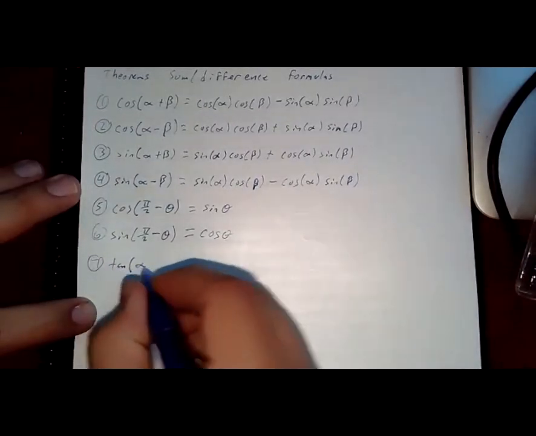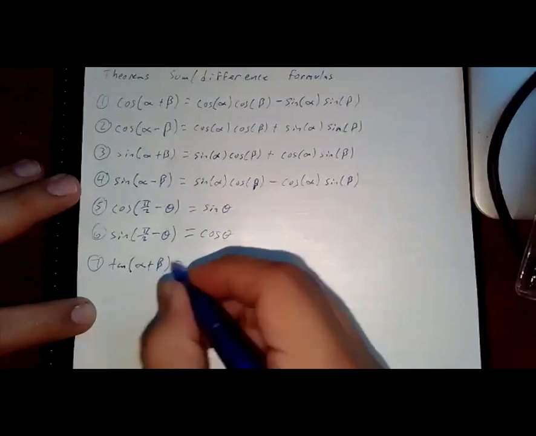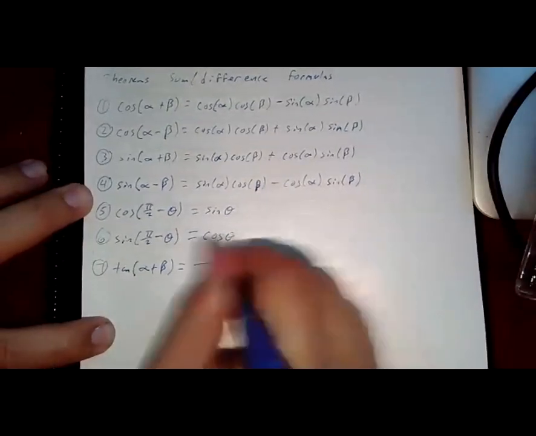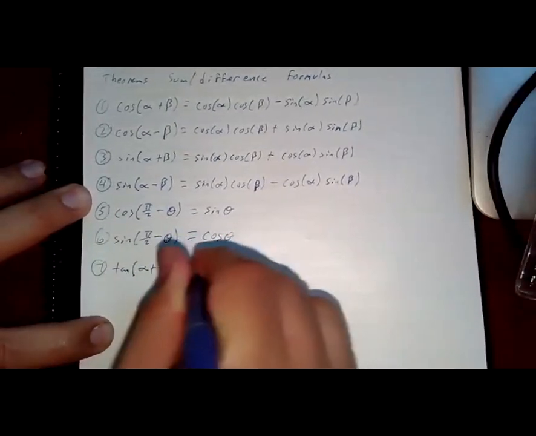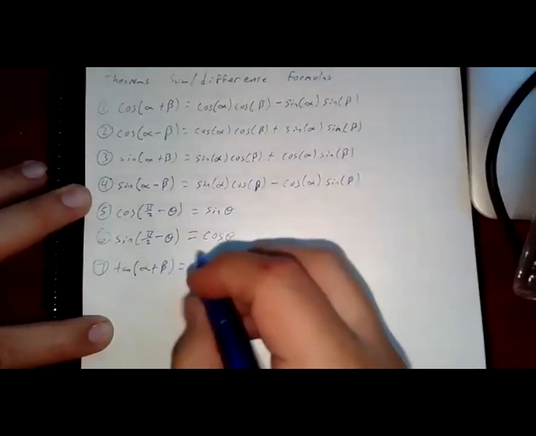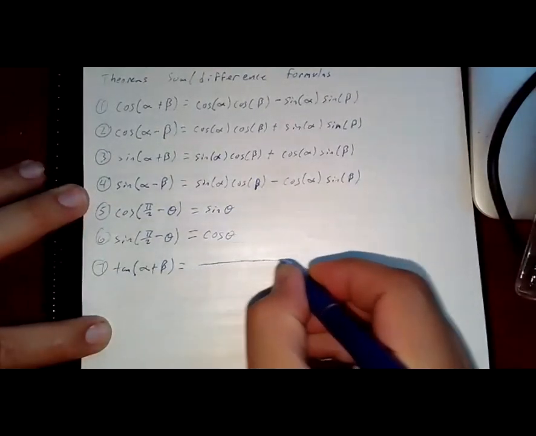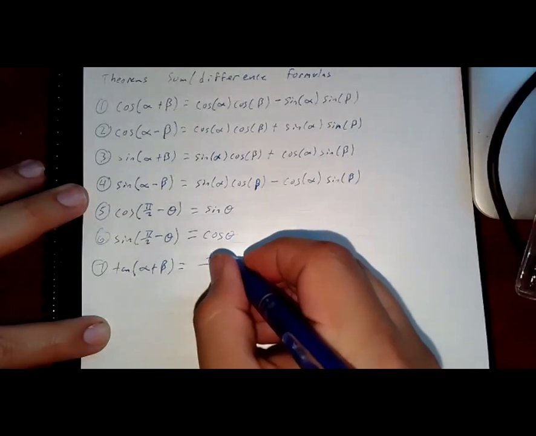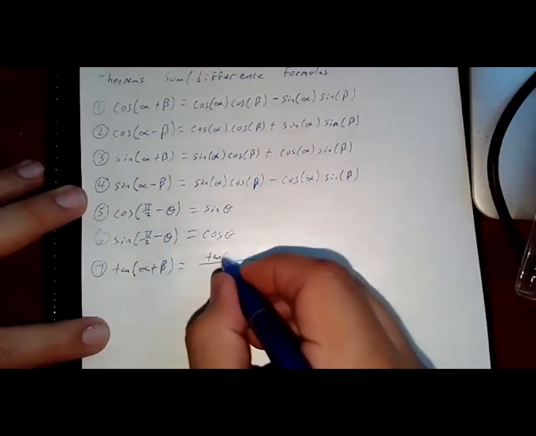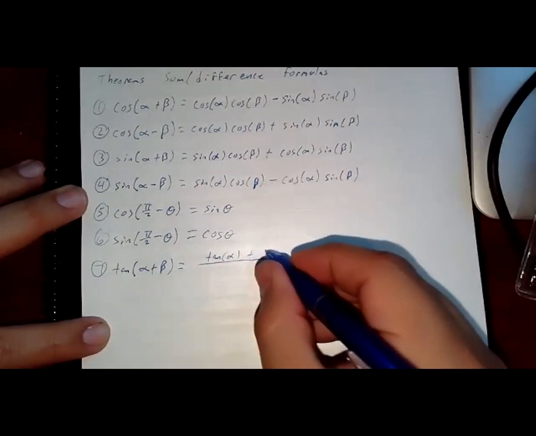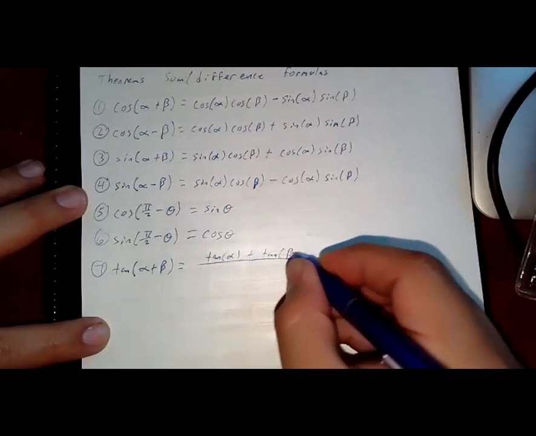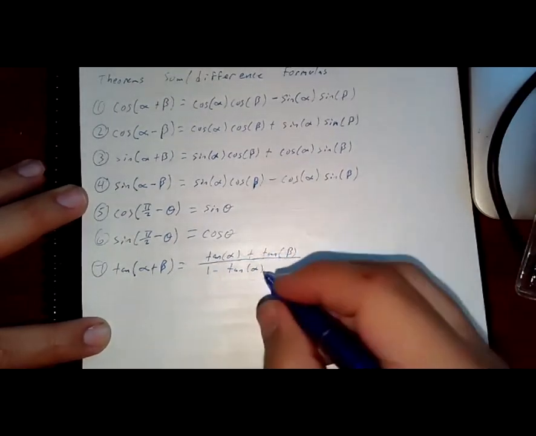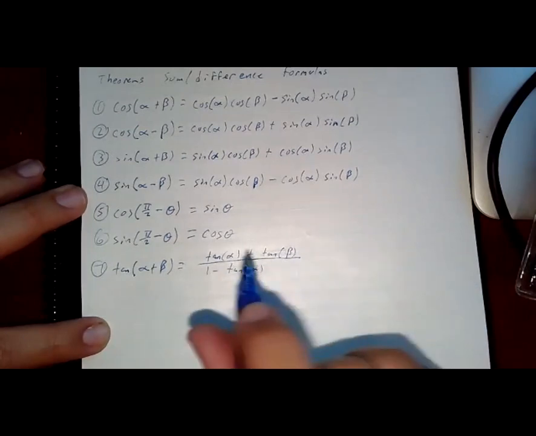Tangent alpha plus beta is equal to tangent alpha plus tangent beta over 1 minus tangent alpha tangent beta.